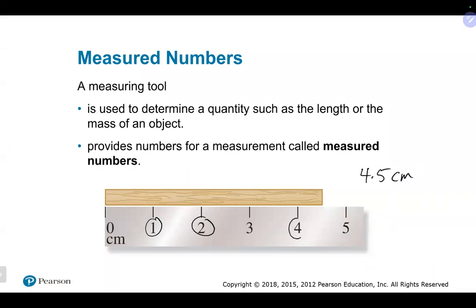Again, it's at least 4, not exactly 5. My smallest marking is actually 1 milliliter. I can divide it by 2, which tells me I could take it to the first decimal place, which is what we should do here. Uncertain number would be right there. Certain number would be there. And this would have how many significant figures? 2 significant figures in this case. Any questions on that?